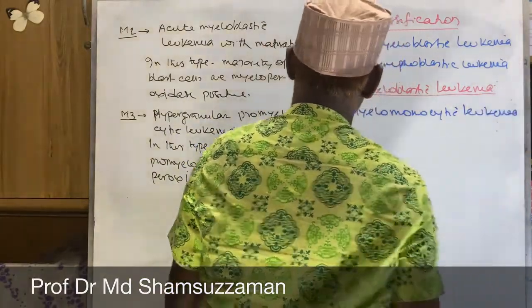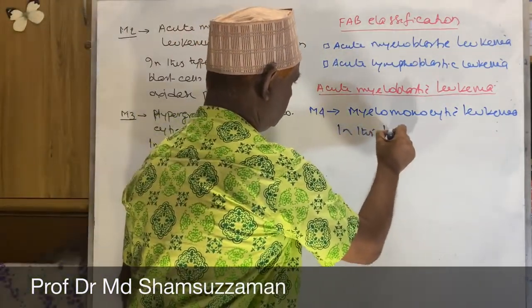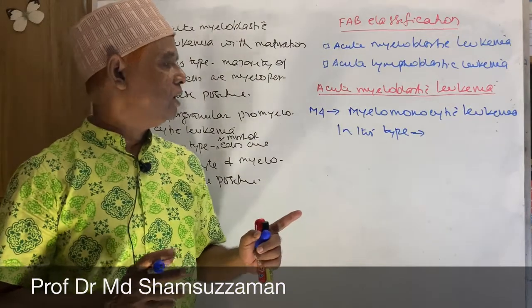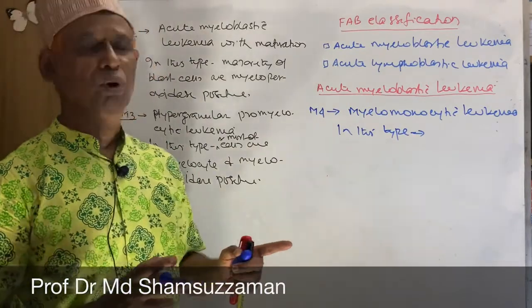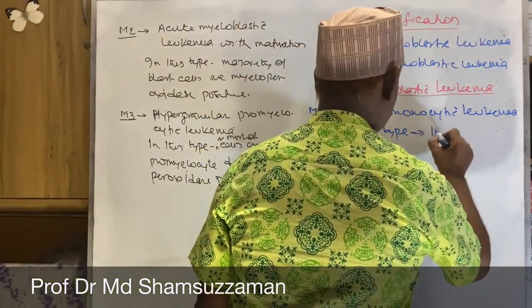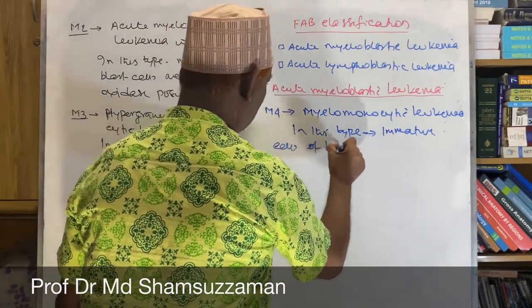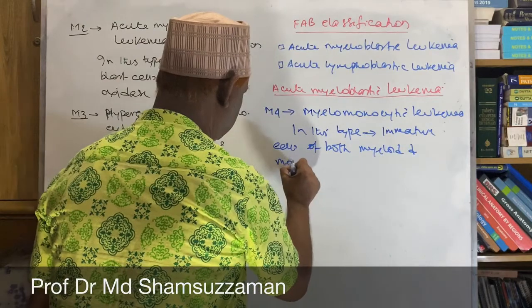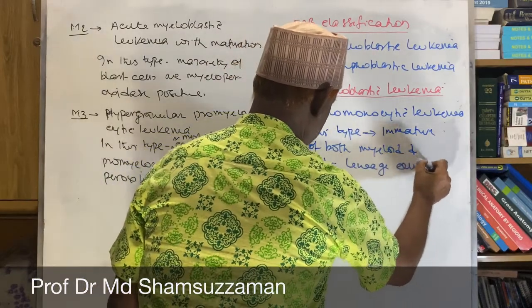Dear audience, in this type, immature forms of cells of both myeloid and monocytic lineage are found.